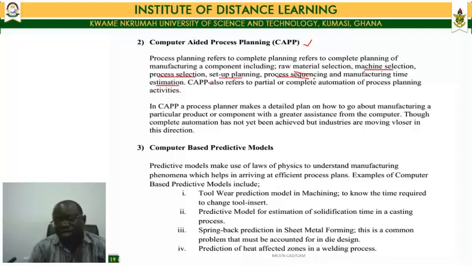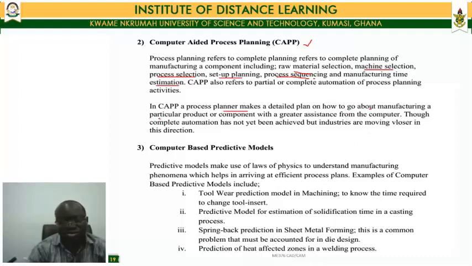So if you look at CAP, computer-aided process planning, we say that it refers to a partial or complete automation of the process planning activities. What happens in computer-aided process planning is that you have a process planner that makes a detailed plan on how to go about manufacturing a product or component with greater assistance from the computer.